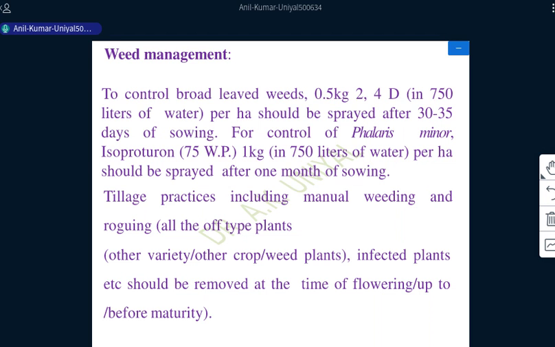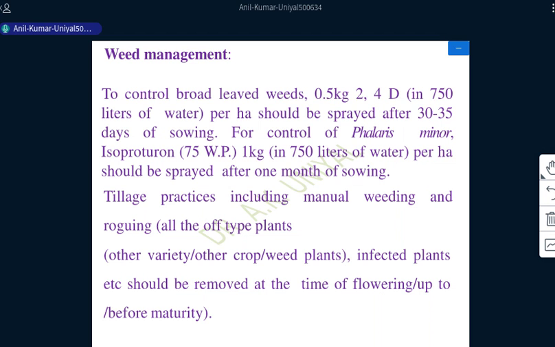For control of Phalaris minor, isoproturon 75 WP at the rate of 1 kg is dissolved in 750 liters of water, used for 1 hectare, also in the form of spray after 1 month of sowing.